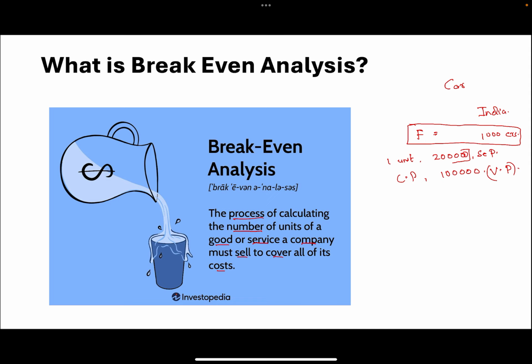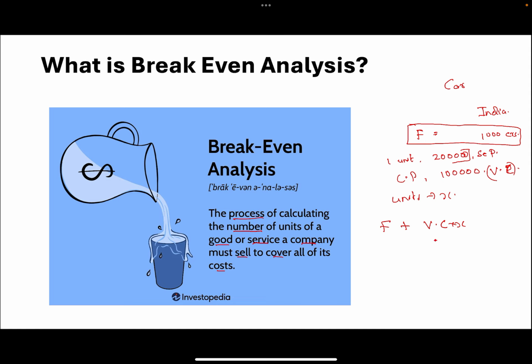So the total cost, if the number of units sold is X, will be F plus the variable cost, VC into X. This is the total cost incurred.